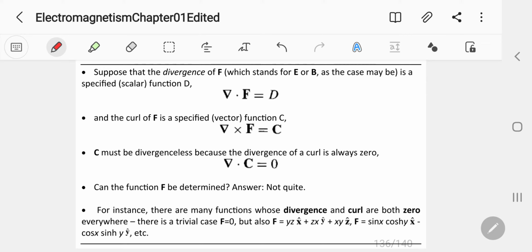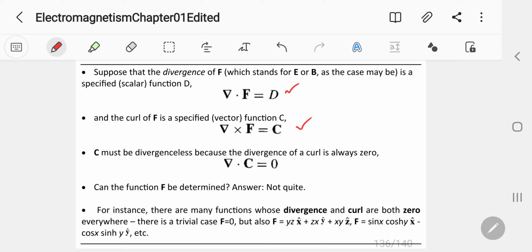Suppose that the divergence of F, which could represent the electric or magnetic field, is specified by a scalar function d, such that your divergence of F is d and your curl of F is a vector function c.